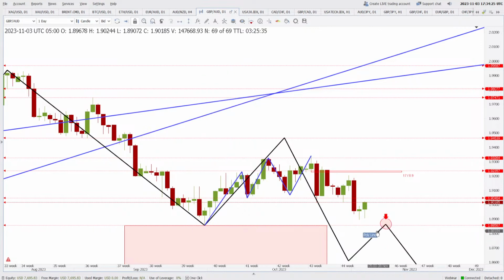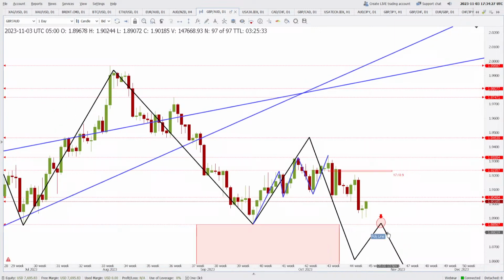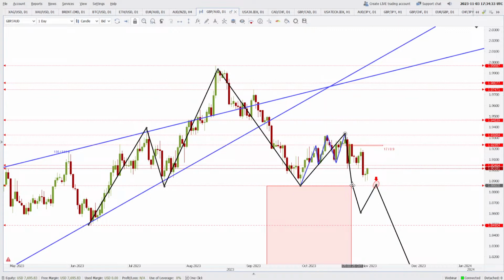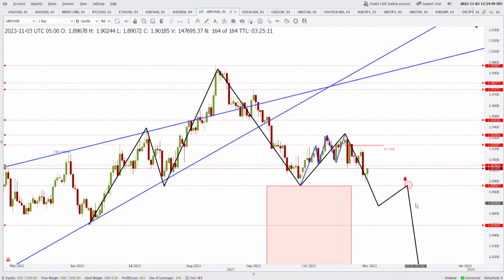This is my expectation that in a week or two maybe it will be going down. That is why I have done it like this. What you can do is switch it to something like this. Something like this is possible. When this will happen, I am not sure, but if that happens, I will be a seller. So this is much better.